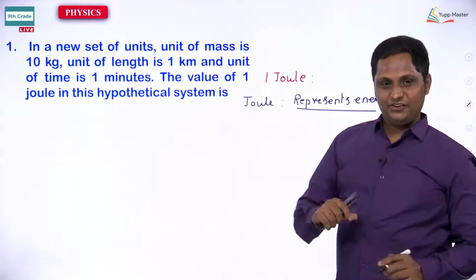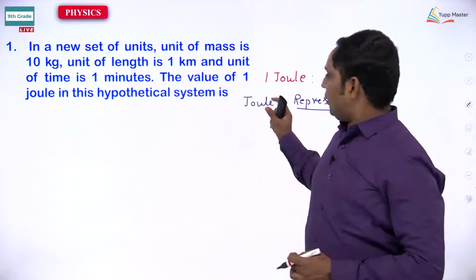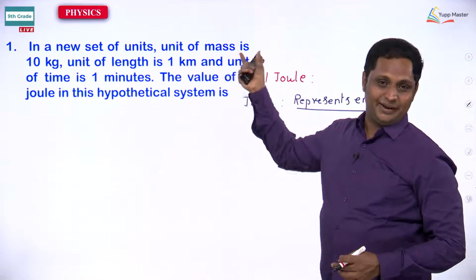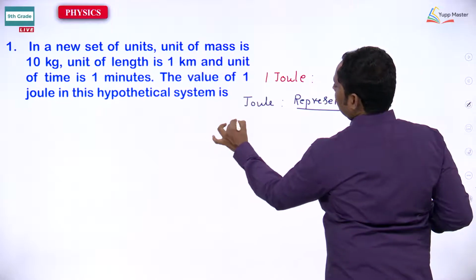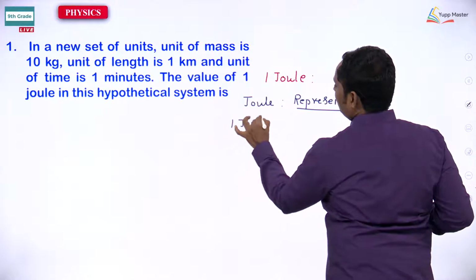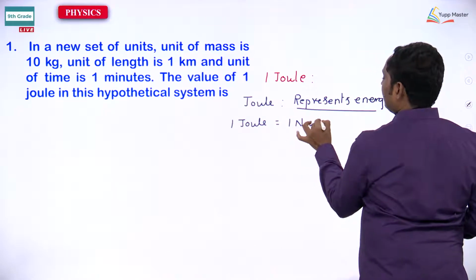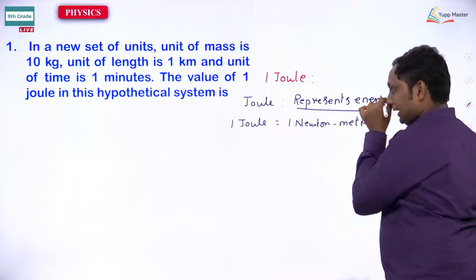In the SI system, let us assume you have to get the value of the joule in another system, where they have given mass, length, time. You know that 1 joule is equal to 1 Newton meter. It is very clear.